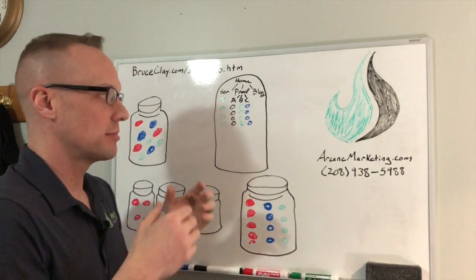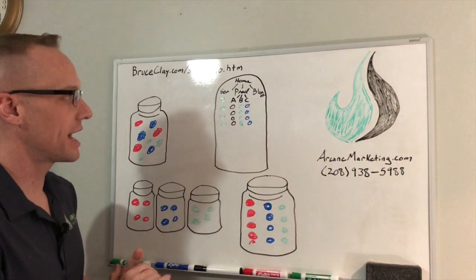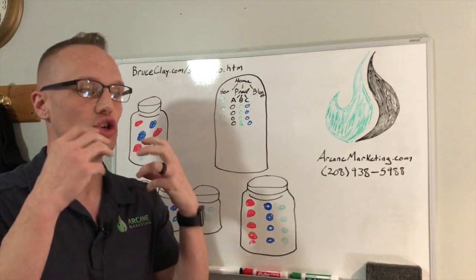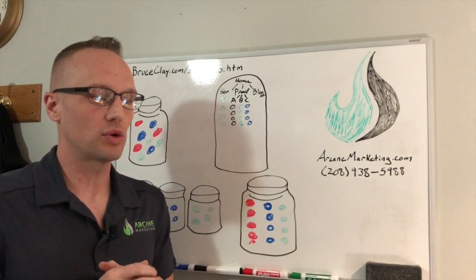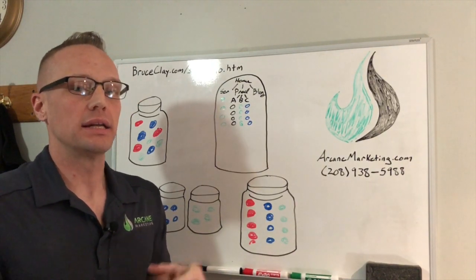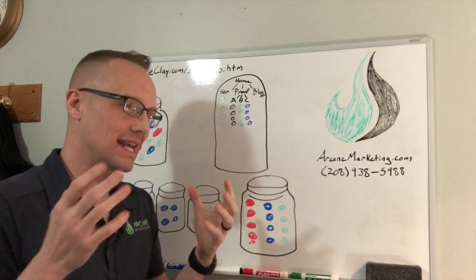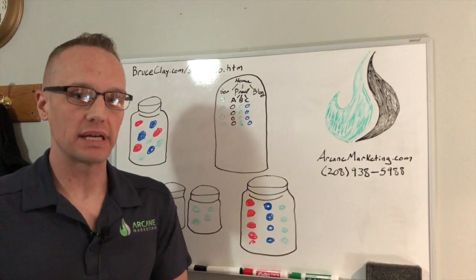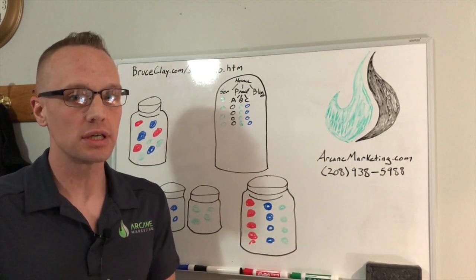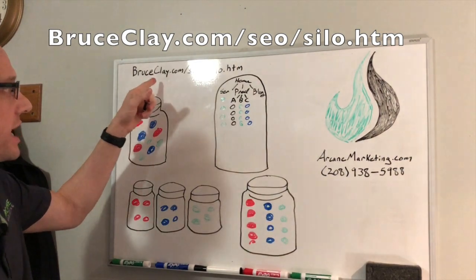And so I don't want to get too much deeper into that. The idea here really is to take a good look at your website, analyze how it's set up, and say how can we categorize this in a way that makes sense to the end user and of course makes sense to the search engines.